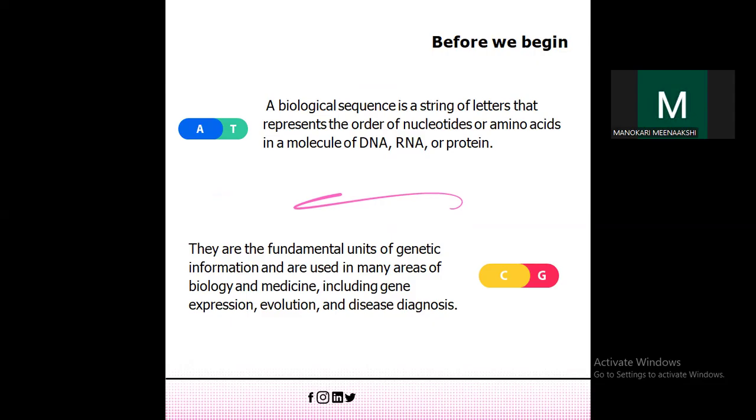So it is like genetic information, used in many areas of biology and medicine, including gene expression, evolution, and diagnosis of diseases. The nucleotides are A for adenine, T for thymine, C for cytosine, and G for guanine.